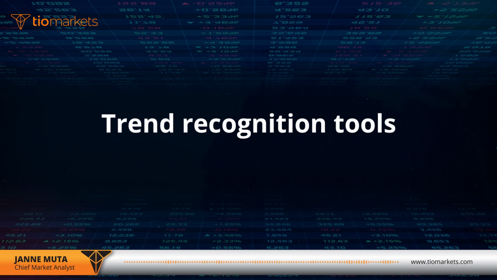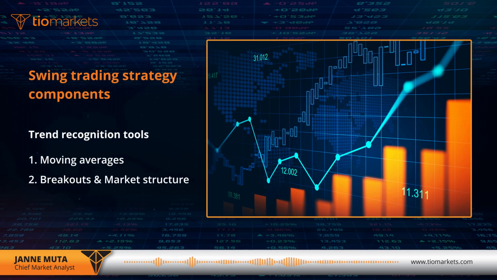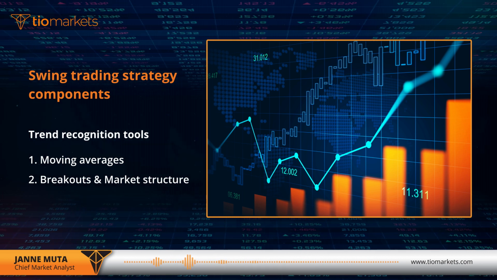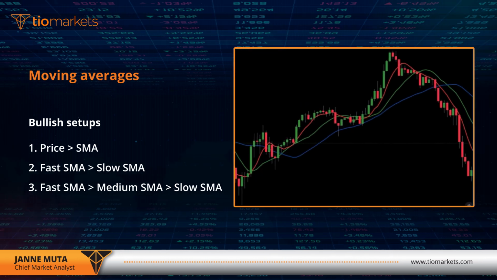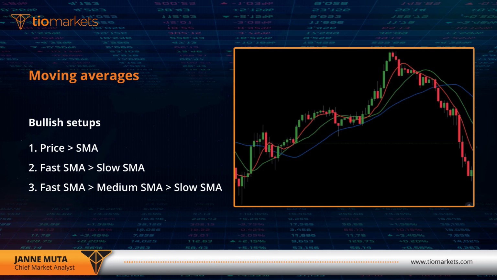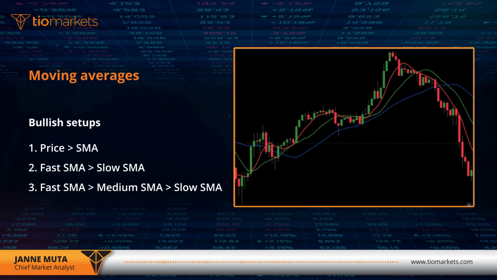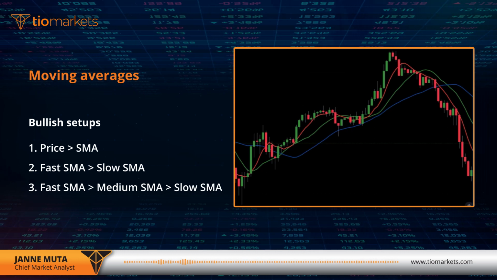Okay, let's take a look at trend recognition tools. So basically I'm going to cover moving averages, breakouts, and market structure. Here I have a filter built with moving averages. So basically there's three options. First of all, you can have a simple filter where the price is above the moving average.